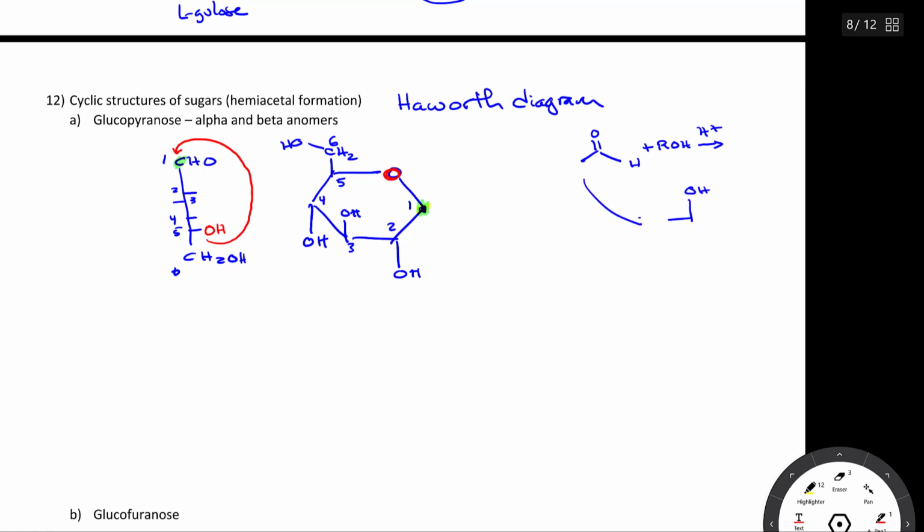So these are the same carbons here. I have the OR group, and I have the H, like that. And this is known as a hemiacetal, and you can recognize it because the linkage looks like this: O C O C, like that. And this is an OH, right?